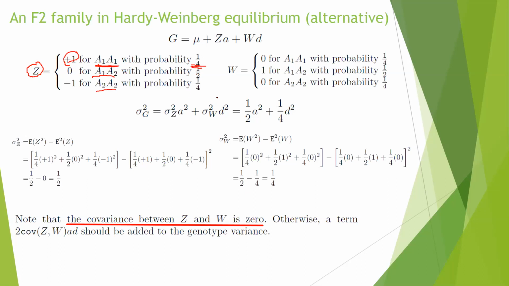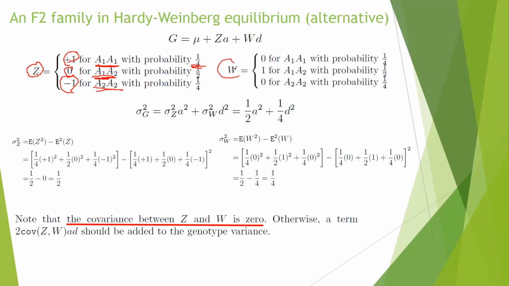Any problem understanding this? No? Okay, very good. Now, when the genotype is A1A2, is there any additive effect? No, that's why we put 0 here. And for this one, there's a minus additive effect. Is that clear? This is how we define the first random variable.